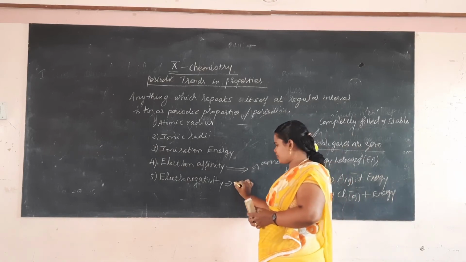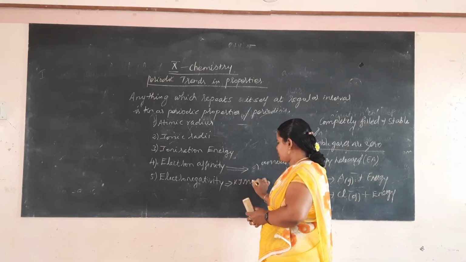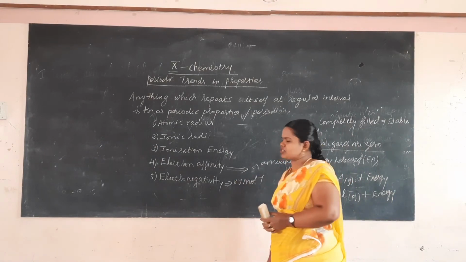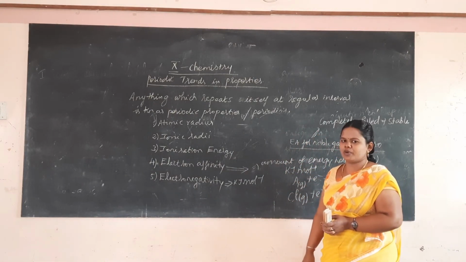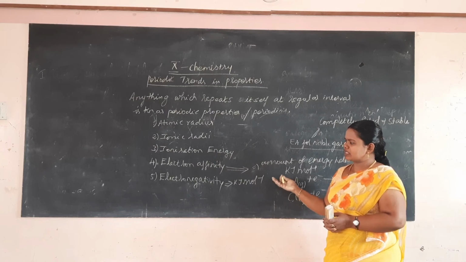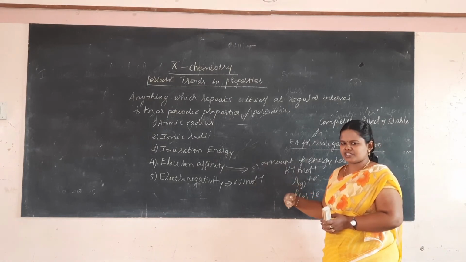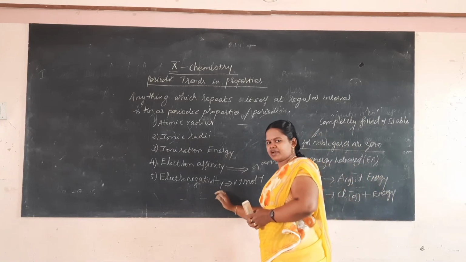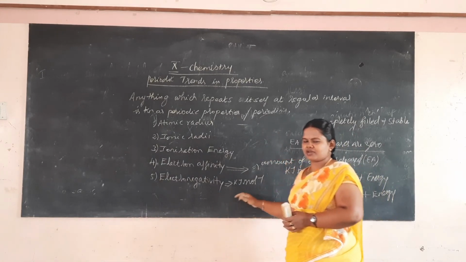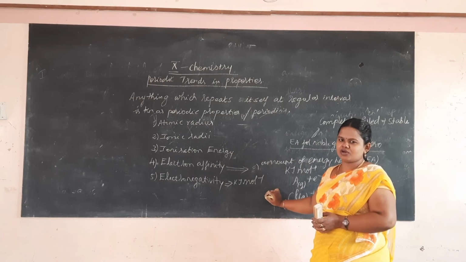It is also expressed in kilojoule per mole. So you have to remember that ionization energy, electron affinity and electronegativity are all expressed in kilojoule per mole. Electronegativity is the measure of the tendency of an atom in a molecule to attract the shared pair of electrons towards itself.